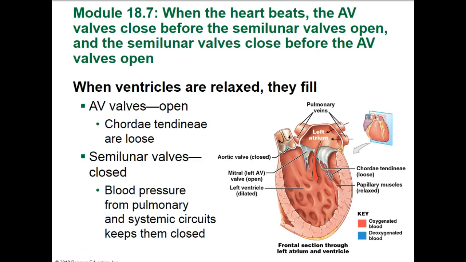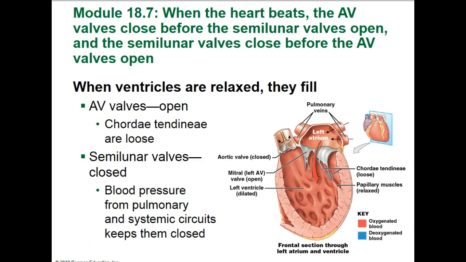Okay, when the ventricles are relaxed, they fill up. So really, it's pretty easy to get the ventricles filled with blood. You simply have relaxed ventricles, and you have gravity helping you, right? Because the atria are above the ventricles, so the blood just flows down pretty easily. The AV valves open.